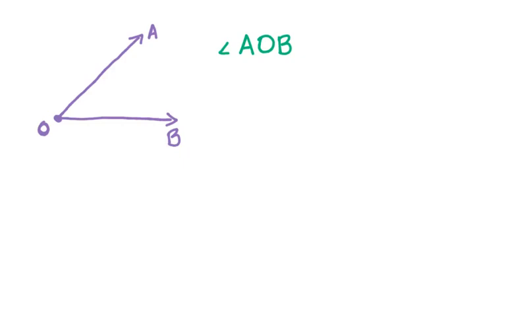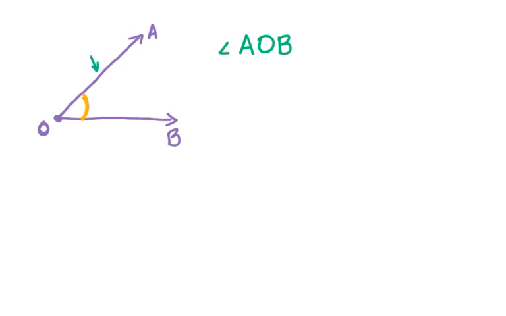Okay, so the question is, where is the actual angle? The angle that you measure is right here in that space. So there's the angle you're measuring. But before we get into the actual measuring part, let's talk about the parts of an angle. Okay, so we have 4 parts.